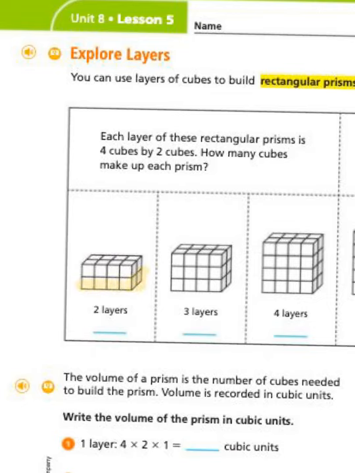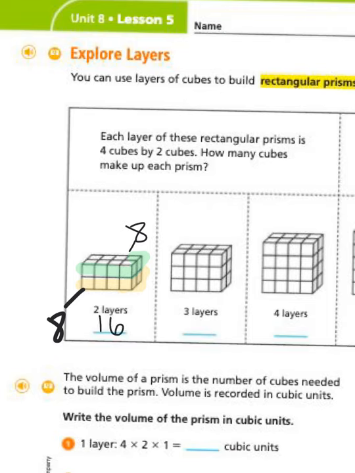So we know that's 8. Now they want us to say how many more are in this part. Well, if this one is 8, the yellow is 8, then also the green has to be 8 more. So 8 plus 8 is 16.